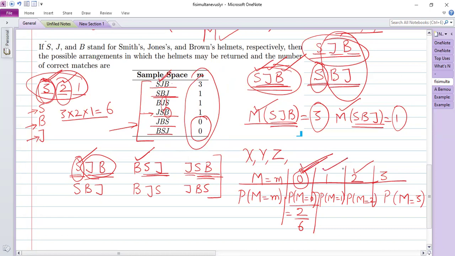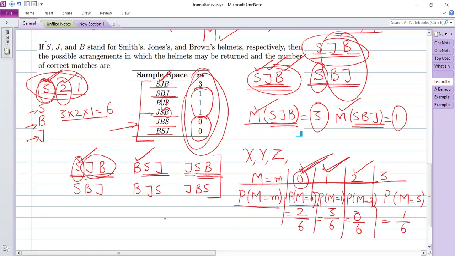And similarly, what is this probability? It is 3 by 6, because out of the total 6 outcomes, there are only 3 favorable outcomes for 1 correct match. Match means the same order. For 2 correct matches it is 0 by 6, which is 0. And obviously for 3 correct matches it is 1 by 6.